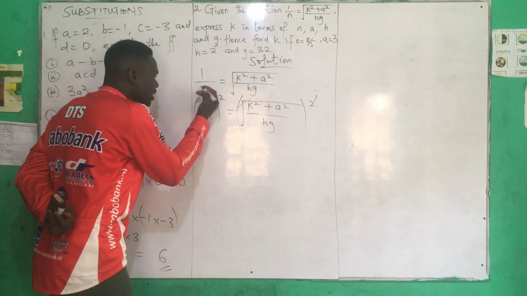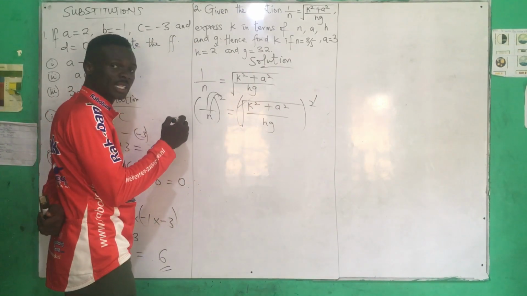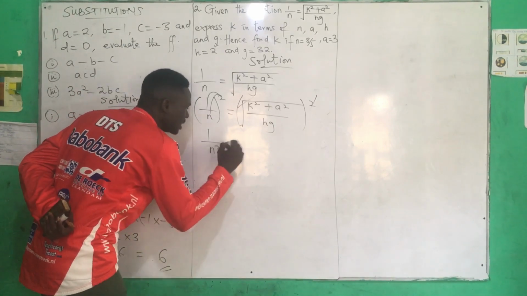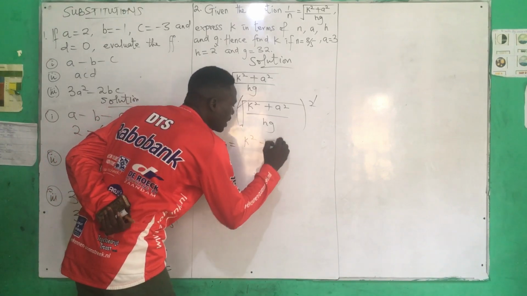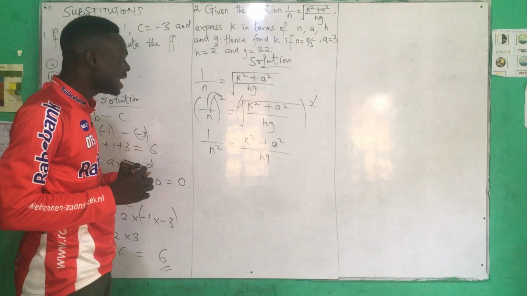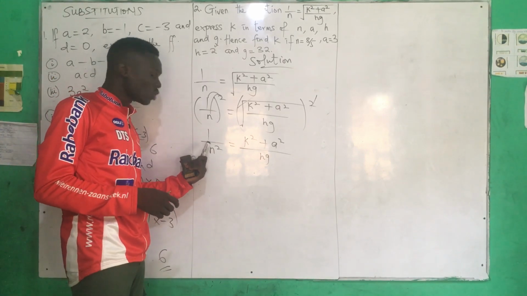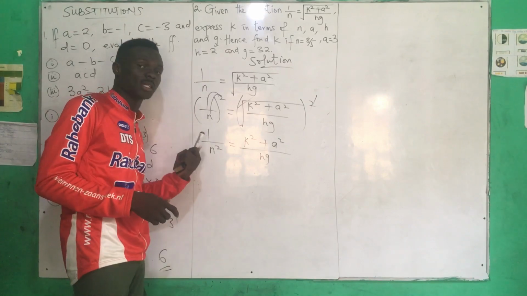Now the square is affecting 1, the square is affecting n. So we are going to get 1 over n squared is equal to k squared plus a squared all over hg. Now remember that 1 squared is the same as 1. So if I've written 1 over n squared, it means I've just squared the 1.